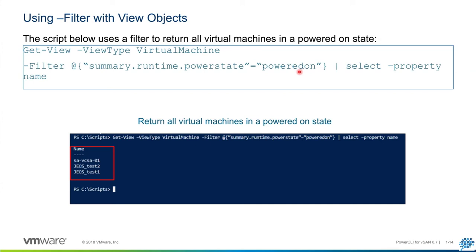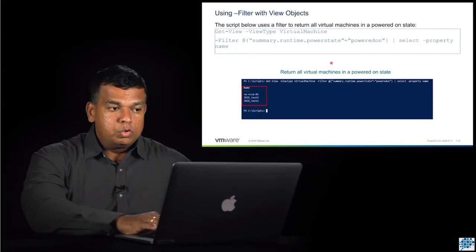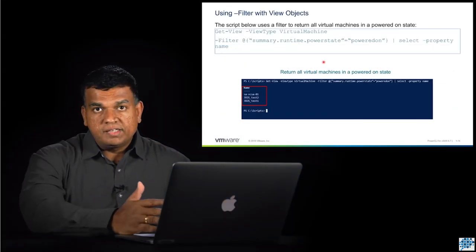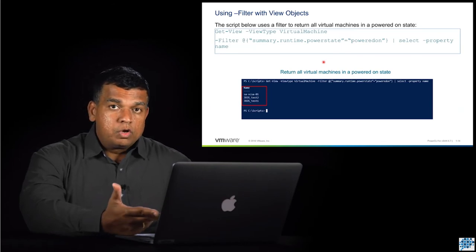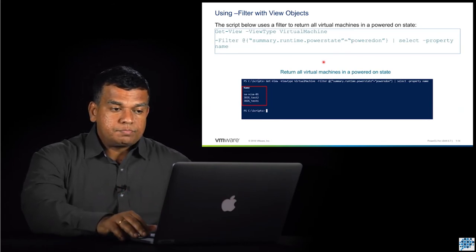So I hope you're able to understand the way things are rolling here. Basically I'm using a particular child property called power state, which is a child property of runtime, which itself is a property of summary, and I'm using this property to find out the virtual machines which are powered on. I hope you can understand that this can be very useful if you are trying to do some kind of complex scripting.